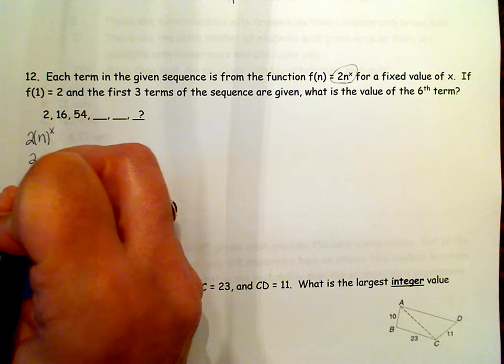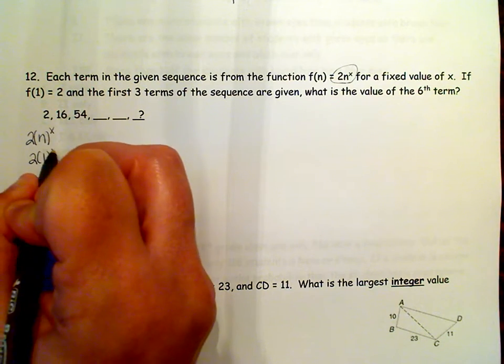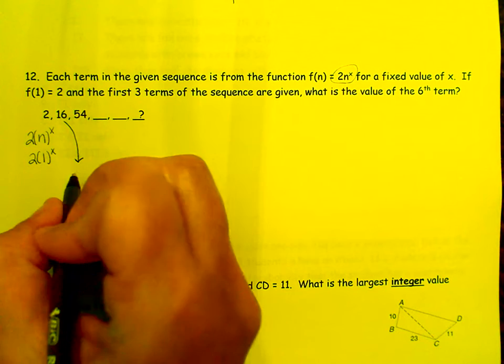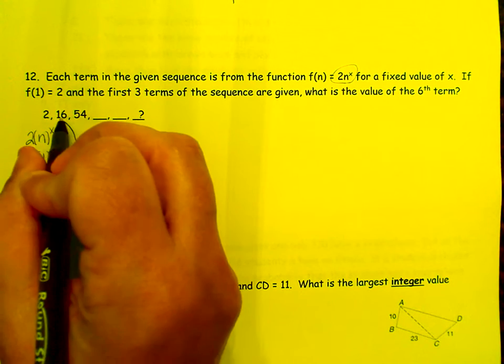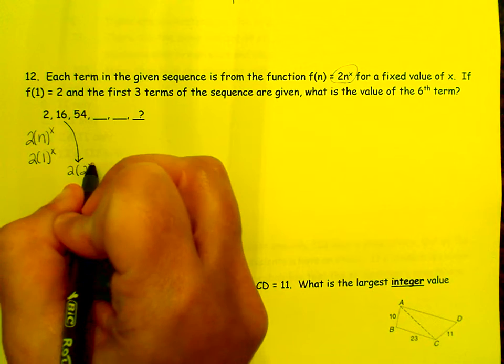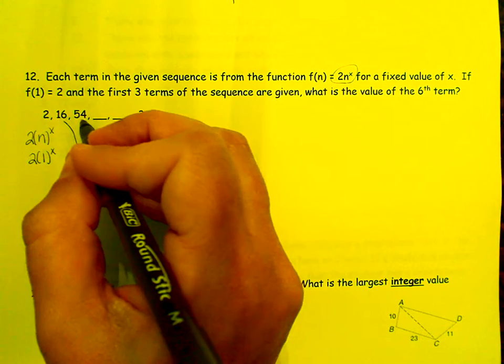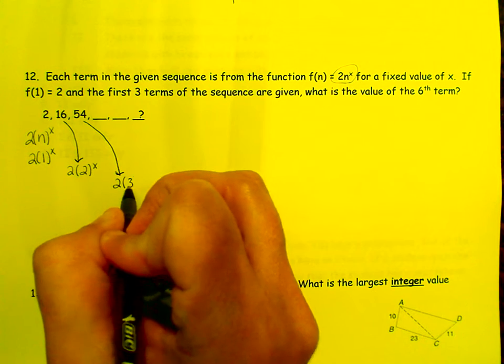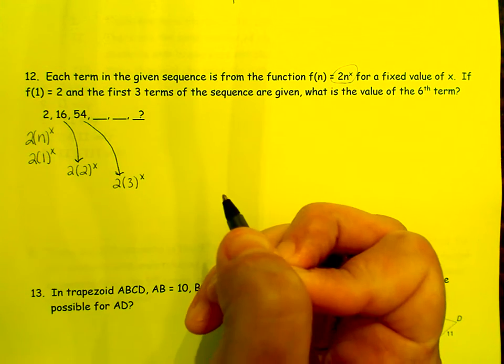So this is 2 times 1 to some power. Now this 16 here is 2 times, it's the second term, so it's 2 to some power. And then this 54 is the third term, so it's 2 times 3 to some power.